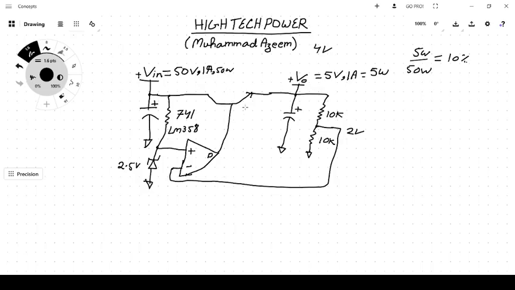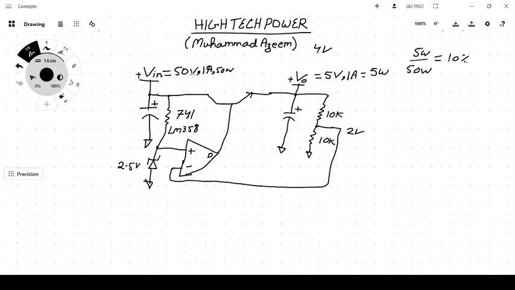So this stage is the same as we saw earlier, where there was only a linear regulator, and the block diagram was in the middle. The situation is the same. If the input voltage is 50 volt, output voltage is 5 volt, and output current is 1 ampere, then the output power consumed would be 5 watt, and input power consumed would be 50 watt, because 1 ampere would pass through this series section, and the efficiency is still 10%.